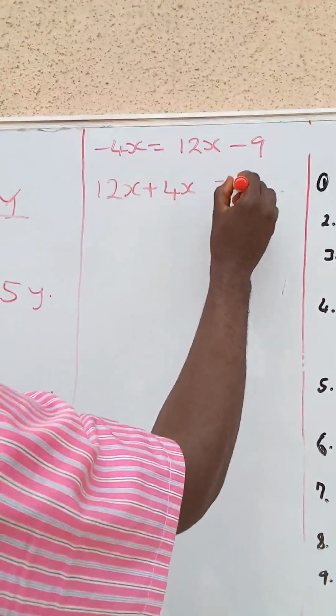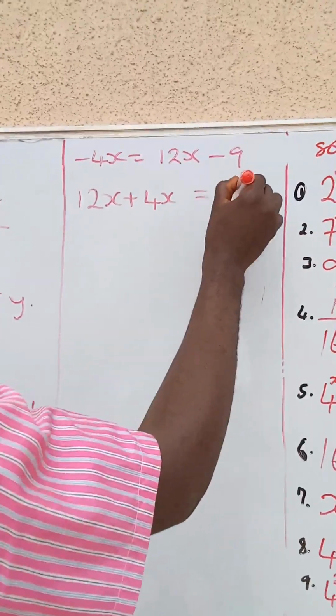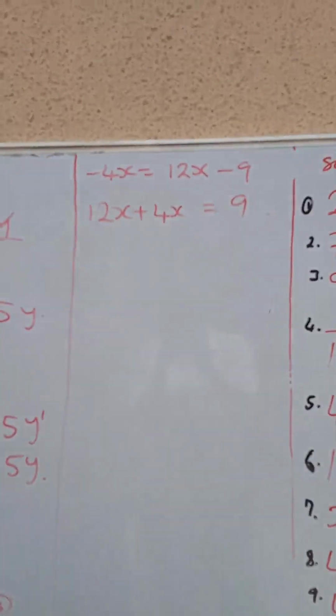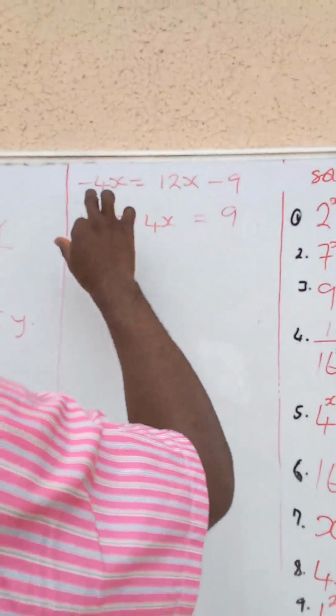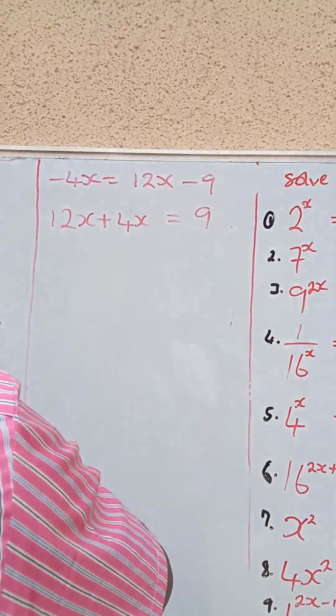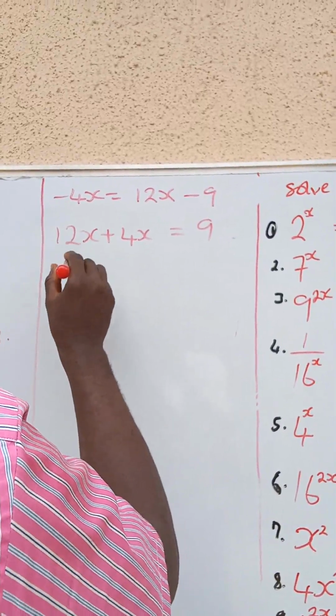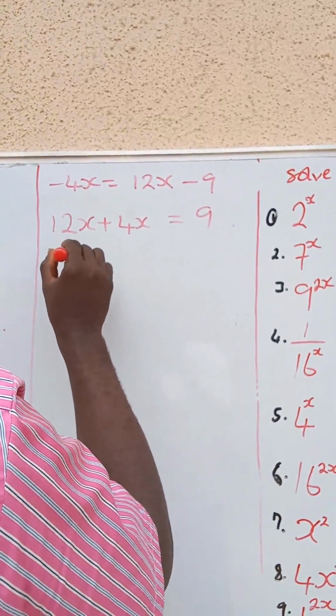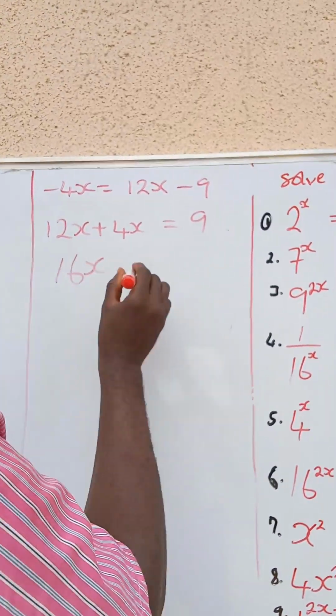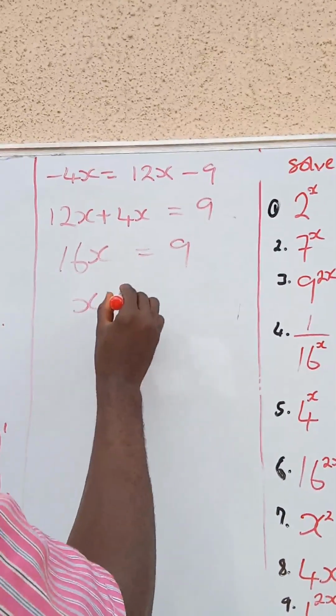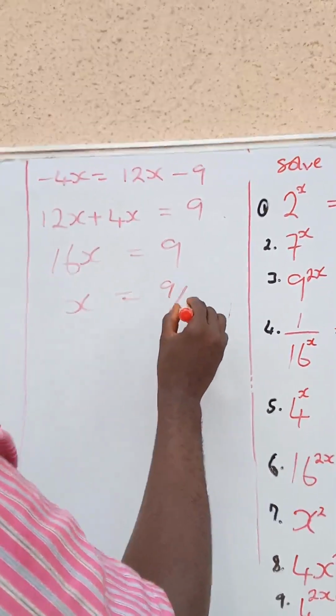This will change to, this is equal to what? 9. This 12 is coming here and this one is crossing from there. So I have 16x is equal to 9. x is equal to 9 over 16.